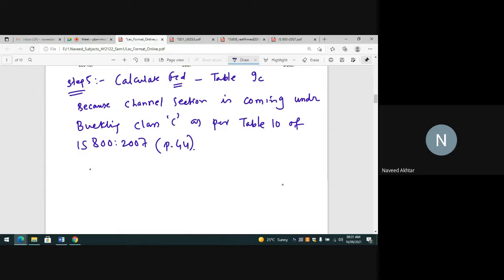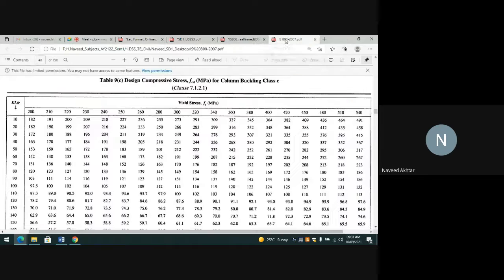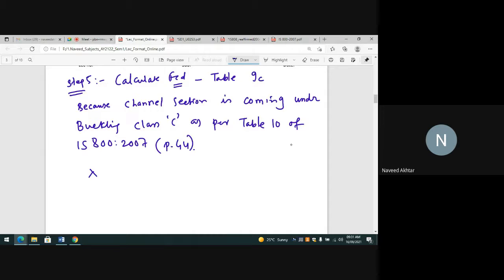You have to know the slenderness ratio, because if you see the table, KL by R, KL is the LE, R is the radius of gyration. So lambda is KL, that is LE, upon R minimum. So you have to find out lambda equal to KL by R. Okay? So we are considering here R minimum, this R is equal to RZZ, because the section is at a distance that RZZ is less than RYY.